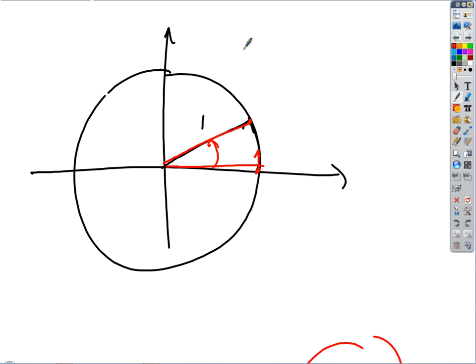Okay, so the area of the sector, the red sector, is just going to equal x, which was our angle, divided by 2 pi, right? Does that make sense? That's the fraction of the whole circle. The whole circle is 2 pi, and then we just had x, times the area of a circle, right? Which was just pi times 1 squared in this case.